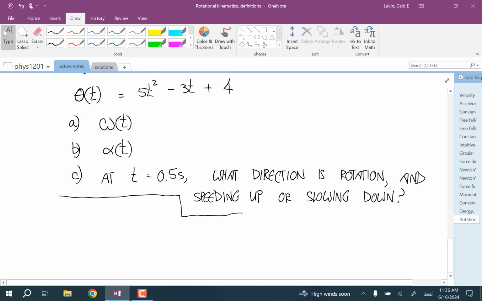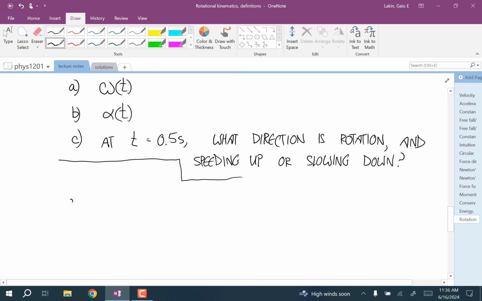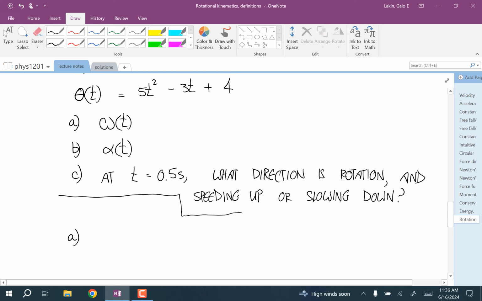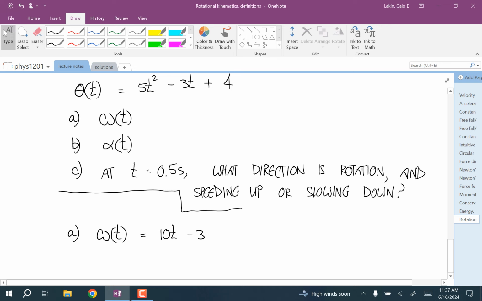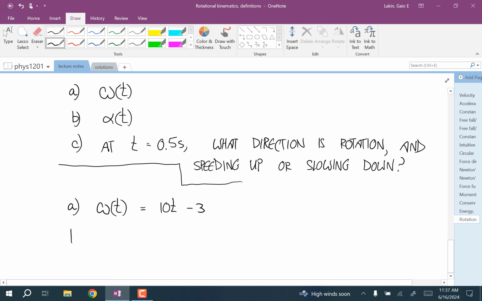Okay, so for parts A and B, we're just going to use the derivative relationships. So omega as a function of time is the time derivative of this expression for theta. So this is equal to 10t minus 3. Now to get alpha as a function of time, we take the time derivative of omega.